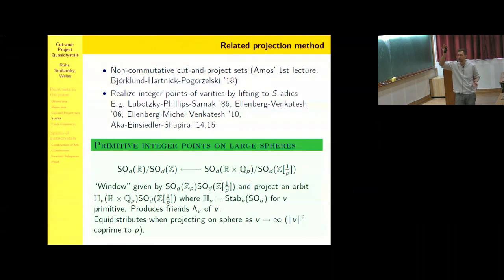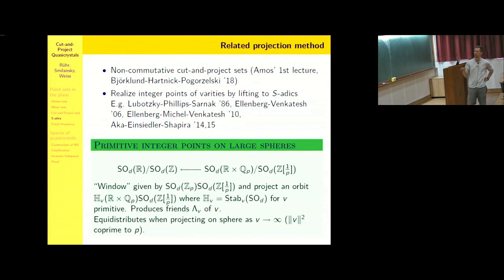You look at its S-adic cover, and given some primitive point v on some sphere of some integer radius, you can construct more primitive points on the same sphere by looking at a projection of some orbit H_v, which is the stabilizer group of v in this big group. You can choose this window and project to the sphere.